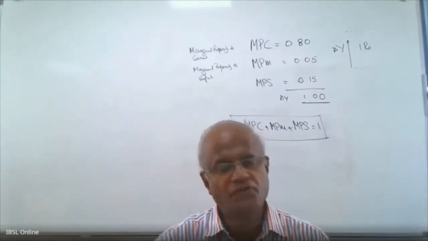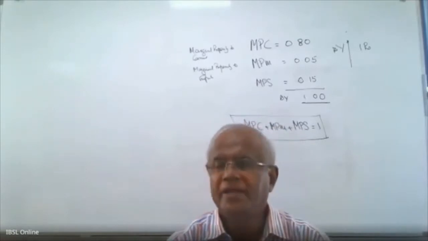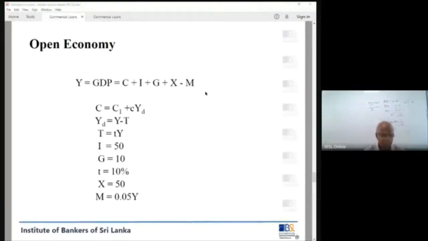Right. Now we understand this open economy model, the meaning of each term. Consumption depends on disposable income. What is disposable income? Y minus T. How do you explain T?